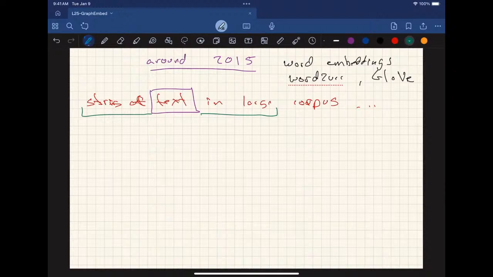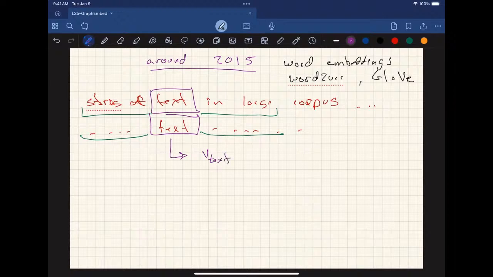There'd be another place where you get this word text, and you get the words in the context, some neighborhood or window of the neighboring words in the string of text that somehow gave context to the word text. So what I wanted to do was find v_text, some representation of it, and often this was in, let's say, 300 dimensions, which seemed to be the right dimension for what we could handle back then.